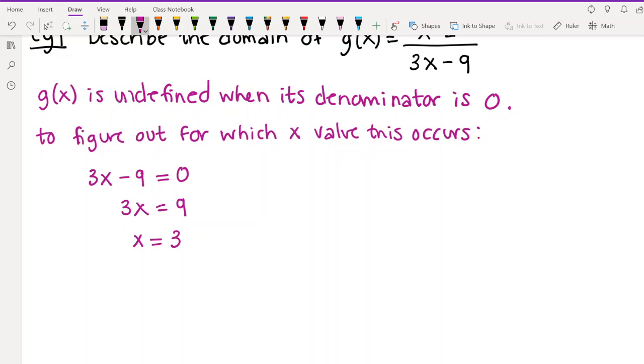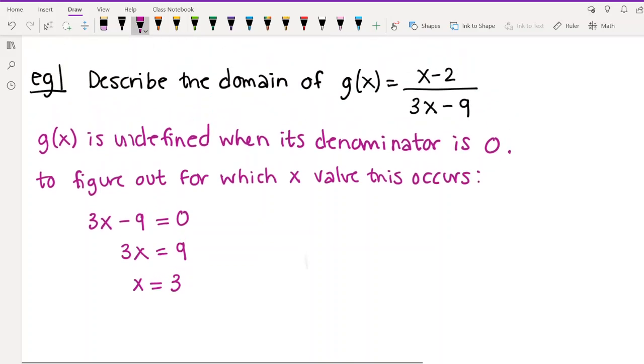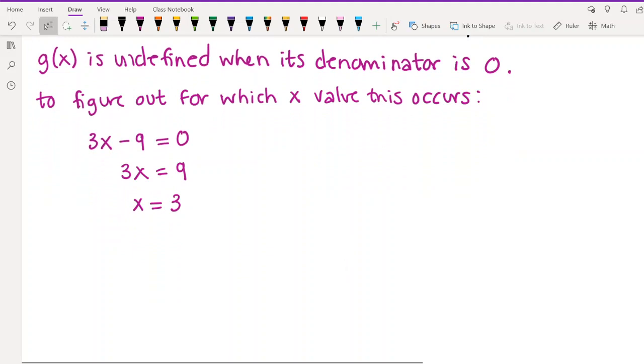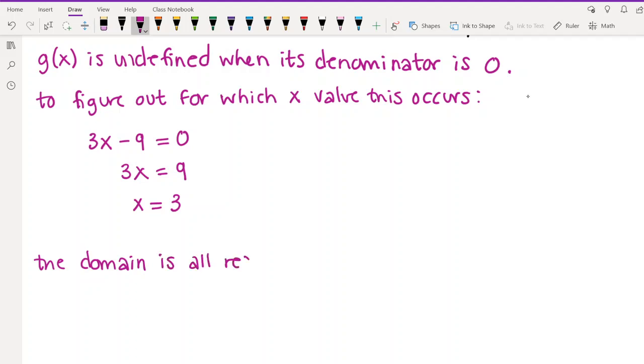And so that tells us that 3 is the number that makes the denominator 0. And that's going to be, therefore, the only number that is not in the domain of this function. So the domain is all real numbers except 3. That's the only number that is going to mess up this function.